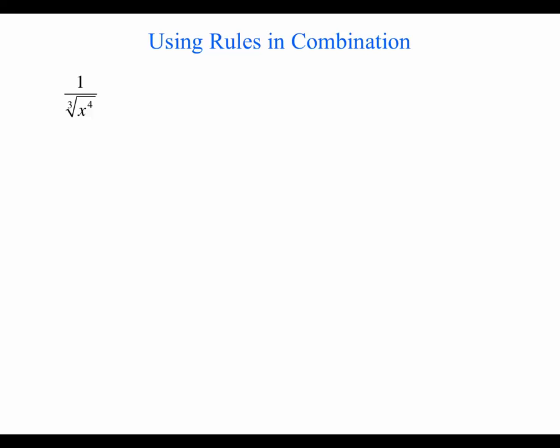Okay, but so how about this? What's the overall structure? Isn't it a quotient? And then the denominator, isn't it chain rule? The third root, the x to the fourth.